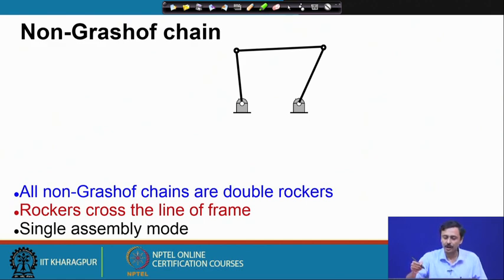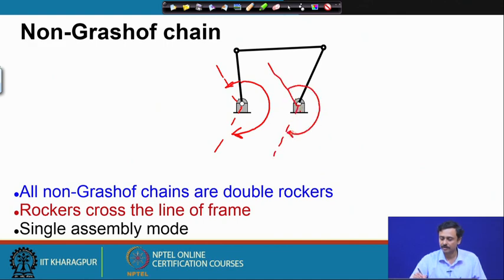So, in a non-Grashofian chain, as I have mentioned, these are all double rockers. Now, there are various possibilities. This can rock within certain limits, and this can rock within another limit, or it could be this way, that this rocks between certain limits and this rocks.